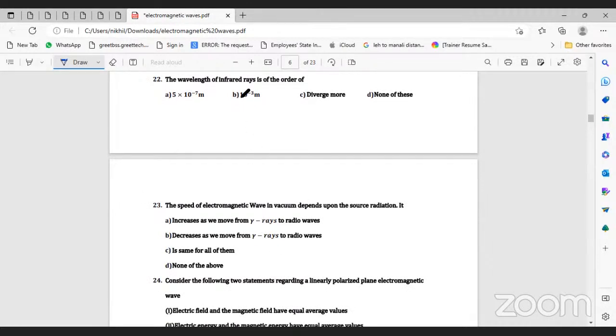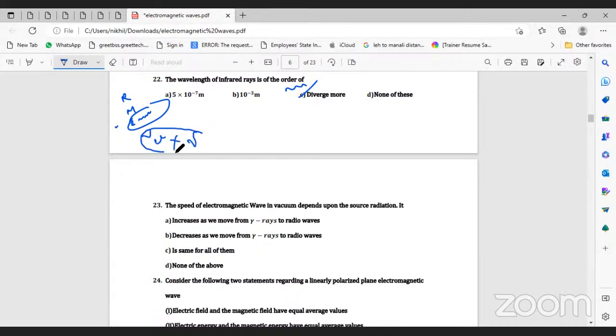The wavelength of the infrared rays is of the order. Infrared means what? Radio waves, microwaves, infrared. They have not given the order, but we can tell it is going to diverge more because it still has more wavelength, because still we have visible, UV, X-ray and gamma ray.